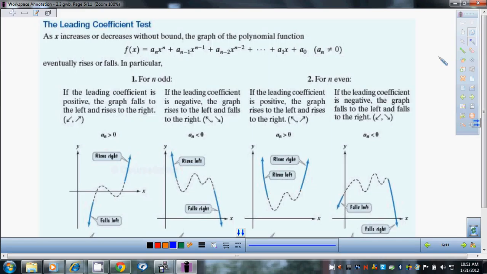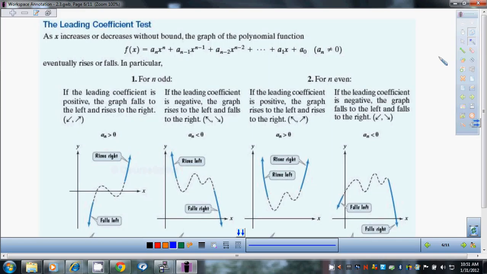As x goes to positive infinity, one of them is going to be going up, or vice versa. If your exponent is odd, those are your two possibilities. And just remember x cubed. That'll help you remember that. If it is even, they're going to be going the same direction. Either touchdown or touchback. I don't know. So anyway, they're either going to be going up or both going down.